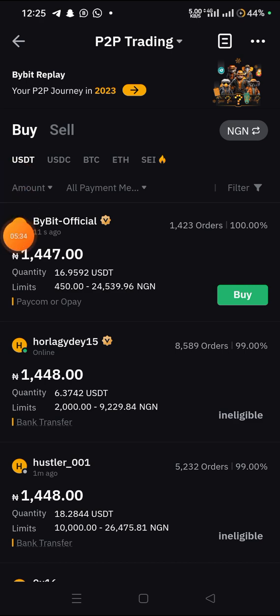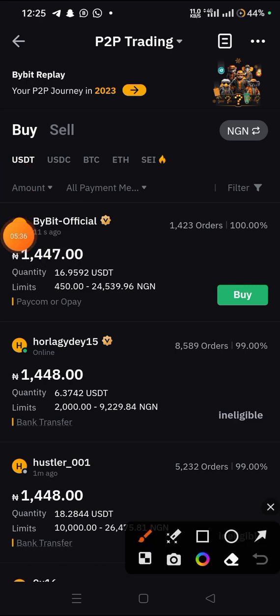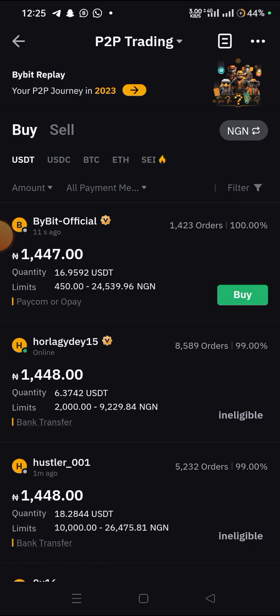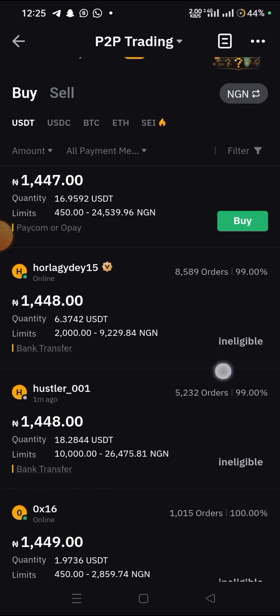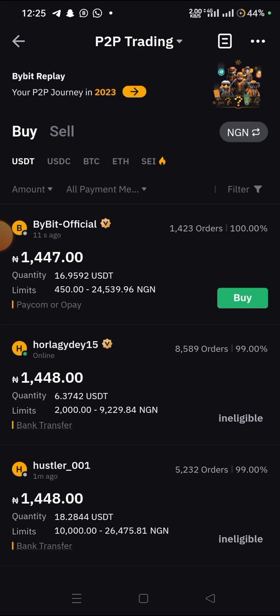I am using this AD in terms of Nigerian currency, NGN. You can change the currency here to your own currency to try it out.